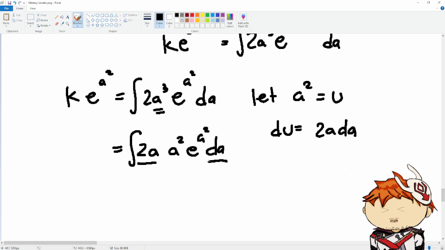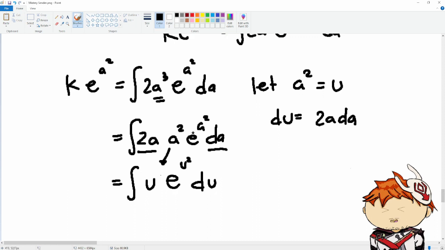So the 2A dA is du and A squared is u. So this becomes u e to the u, only u, and the 2A dA is du.